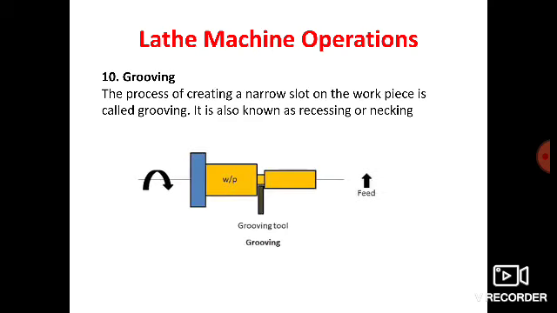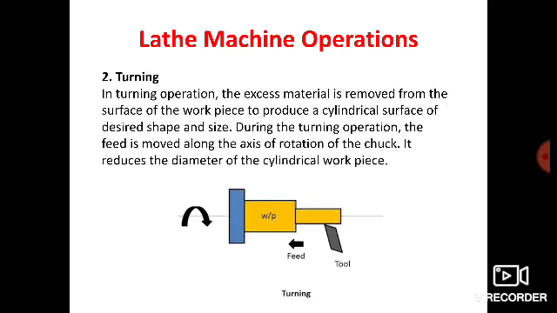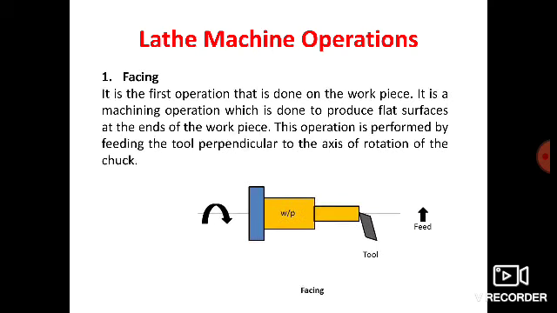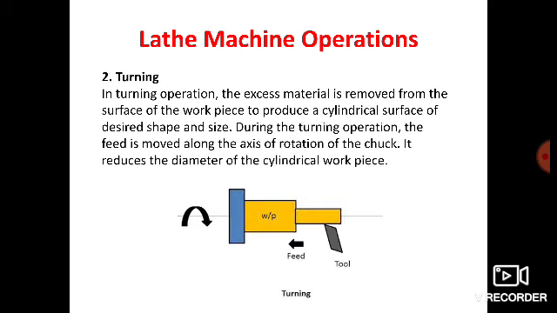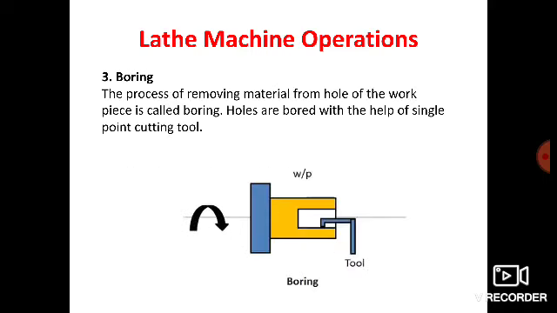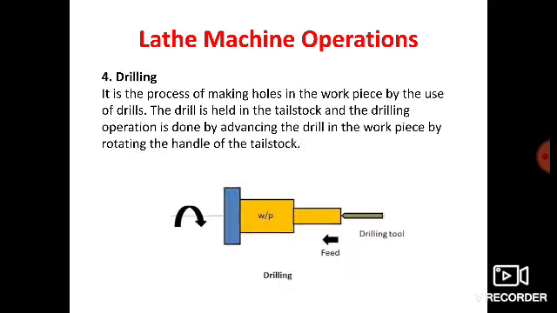So let's summarize it. So the very first operation, that is facing, and it is basically used to produce a flat surface over the end. Then the turning, to remove the material over the surface of the workpiece to reduce its diameter. Next, boring, it is a method of enlarging the diameter of previously drilled hole.